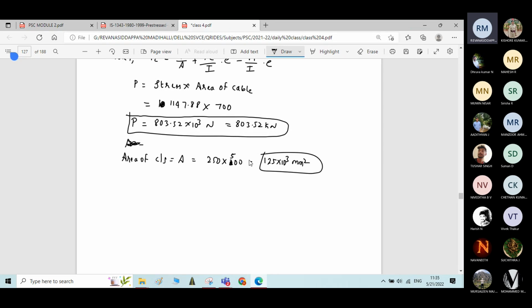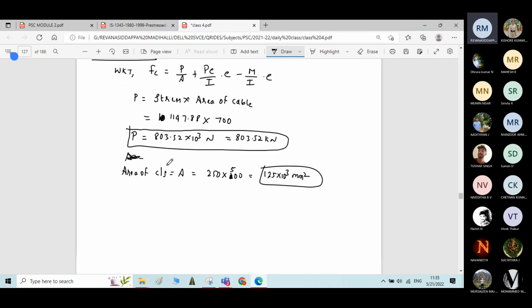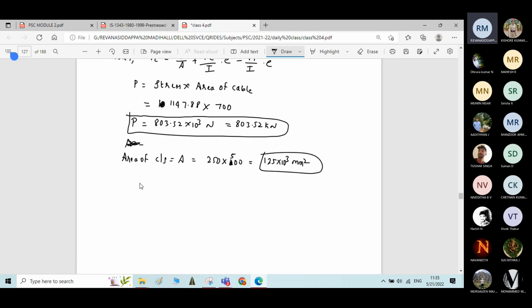Now you got the cross-sectional area. Then you need moment of inertia I. I is equal to b d cube by 12. So it is 250 into 500 cubed by 12. The answer is 2.604 into 10 power 9 mm to the power 4.